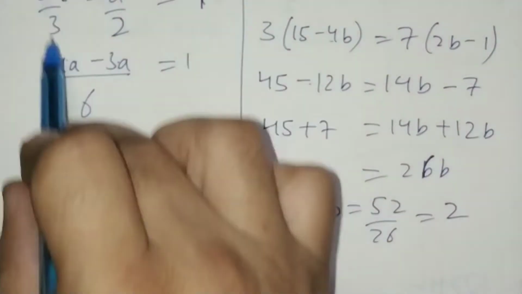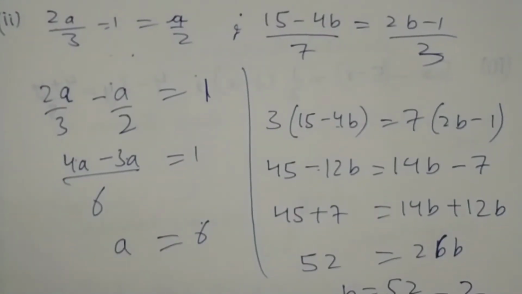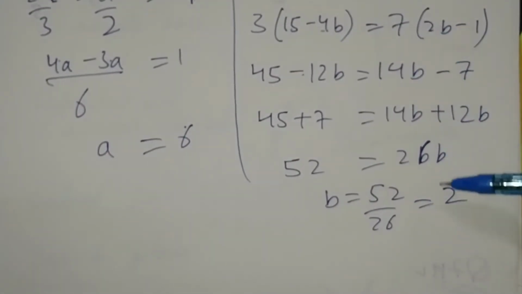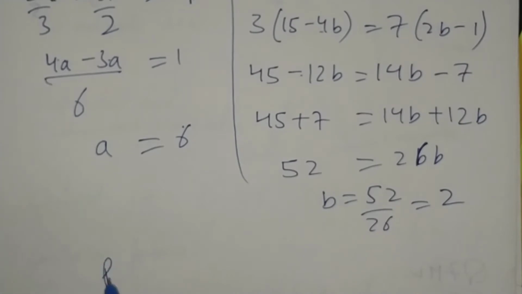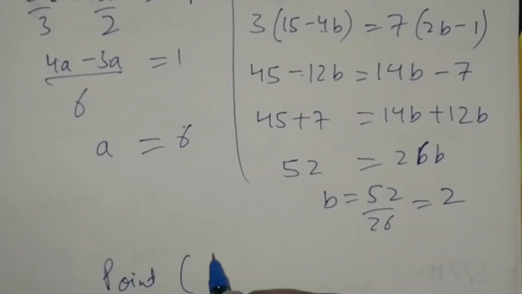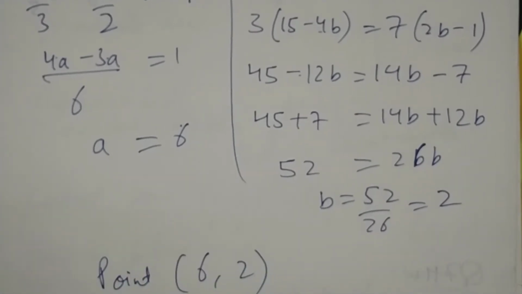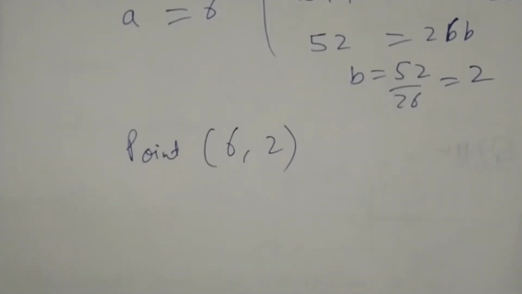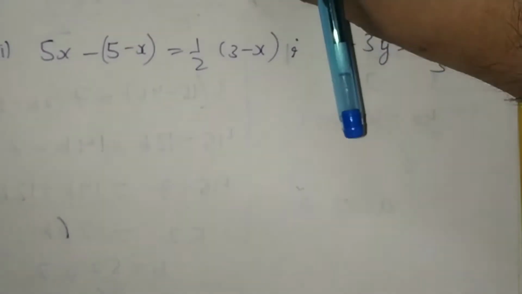Basically we have solved equation number 1, which was your abscissa, and we have solved equation number 2, which is your ordinate. So the point is 6, 2. Just note it down. And then your third part.